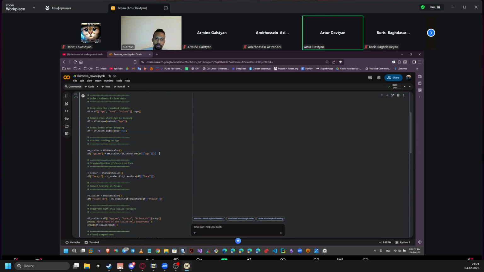Here we're choosing only the needed columns.